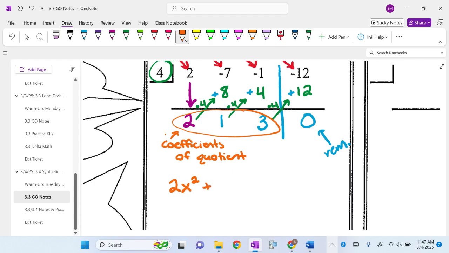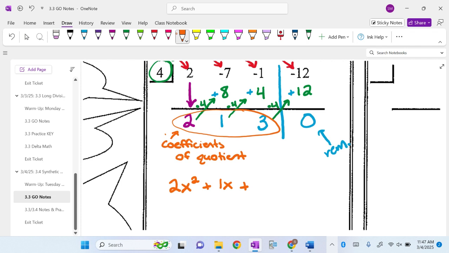Plus, and then we just go down the line in terms of degrees. So after x squared, what will be next going down in terms of degrees? What variable? 1x. So in other words, we get 1x, or you can just put x, plus what goes with a 3? What's the next one in the list going down?